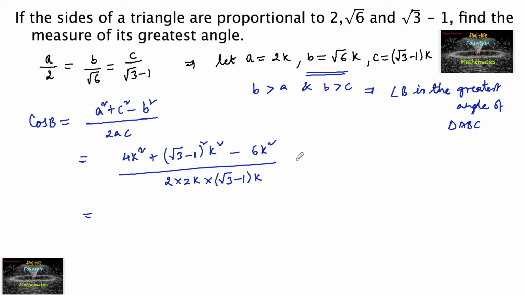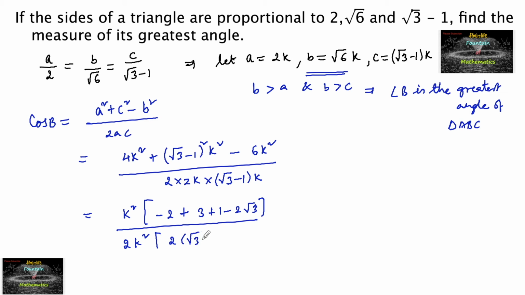So you can take out the common k square in the numerator and simplify 4 minus 6, this is minus 2, plus root 3 minus 1 whole square, we can add 3 plus 1 minus 2 root 3, upon, so here also k square outside, and we have 2 times 2 times root 3 minus 1.